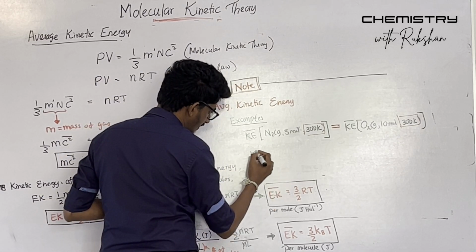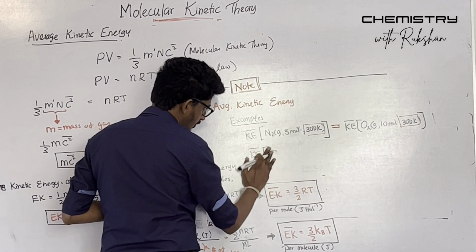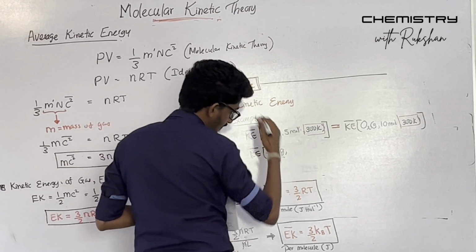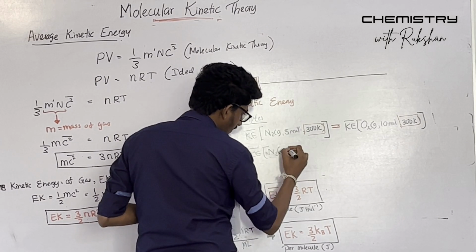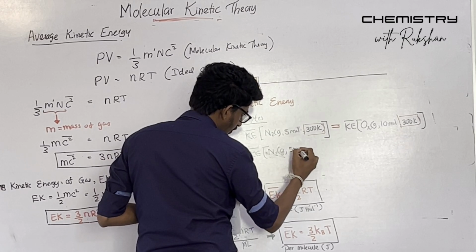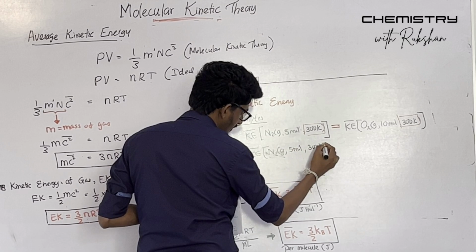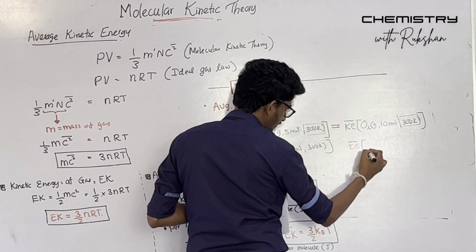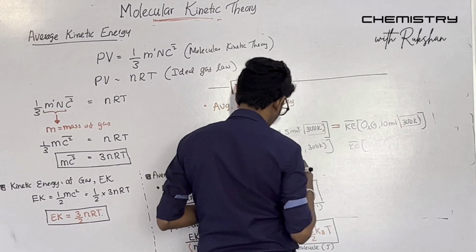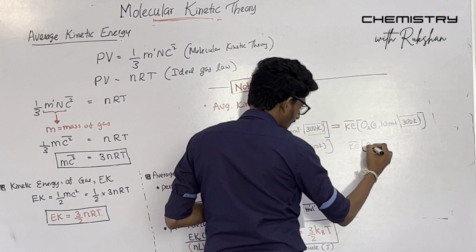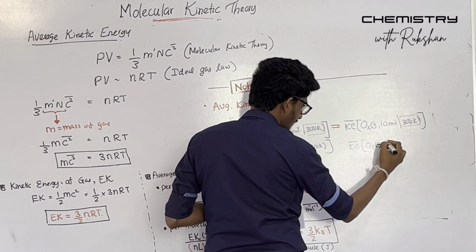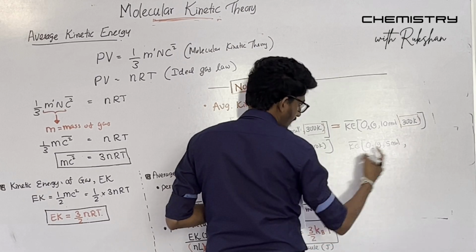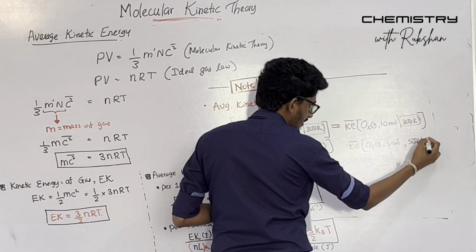So we can consider another situation. You consider the average kinetic energy of N2 gas with 5 moles at 300 Kelvin, and if you consider the average kinetic energy of some other gas, some moles, at 500 Kelvin, that matters.